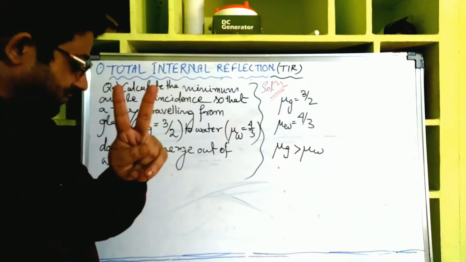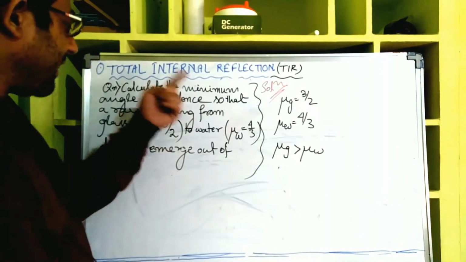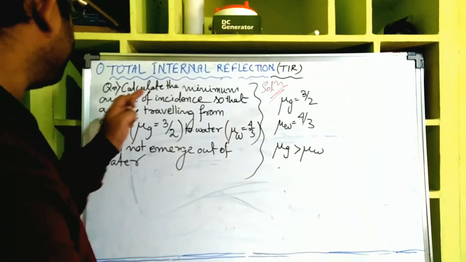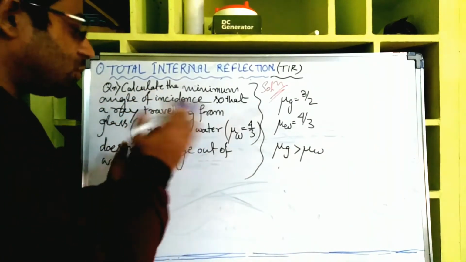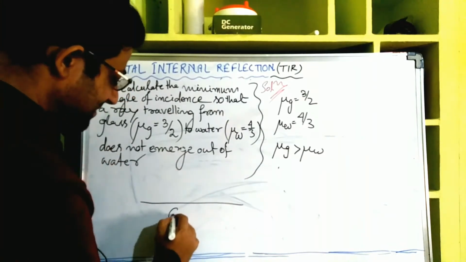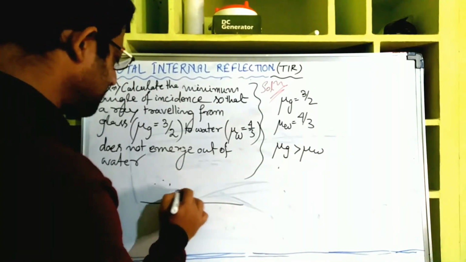What are the two conditions for total internal reflection? You remember, light has to travel from denser medium to rarer medium, so that is satisfied. And also it is saying calculate the minimum angle of incidence so that it doesn't come out. So you can imagine this is glass and above it is water.